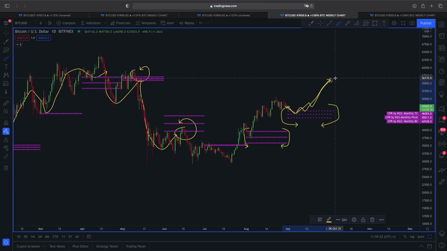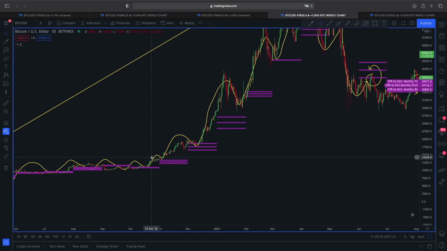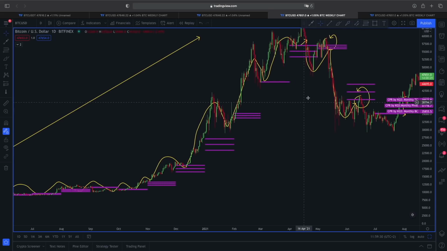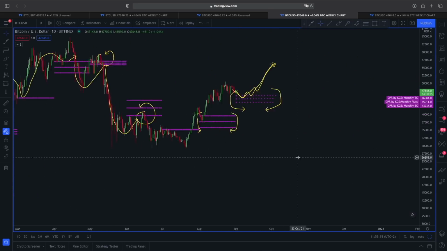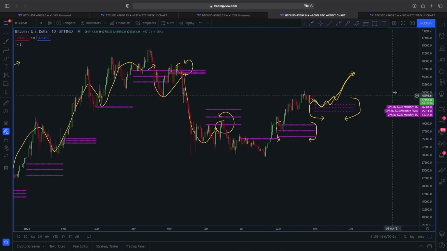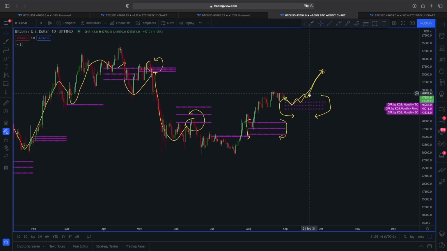So the upward price continuation has more probability than seeing a pullback, because you can see whenever the CPR started forming an ascending CPR, price after that also started a new rally to the upside. So this is exactly what I'm expecting the price of Bitcoin to do in the upcoming days.